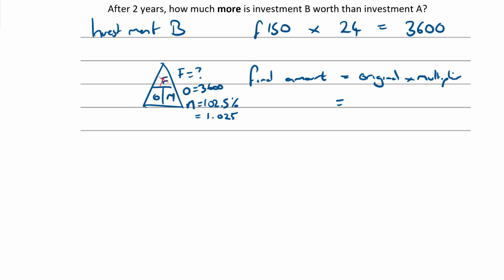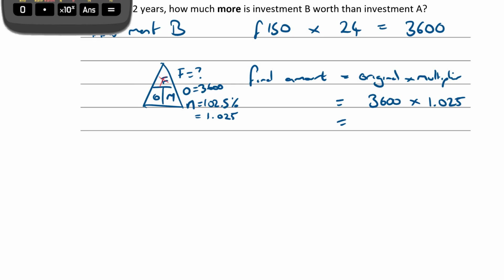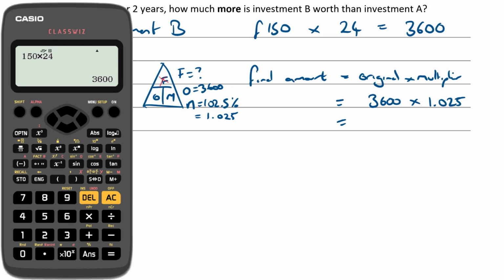So my amount then is going to be 3,600, my original, times my 1.025. And that is equal to 3,690.